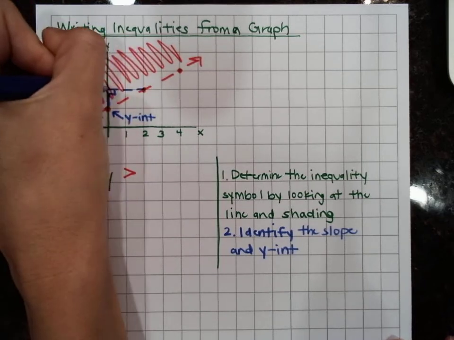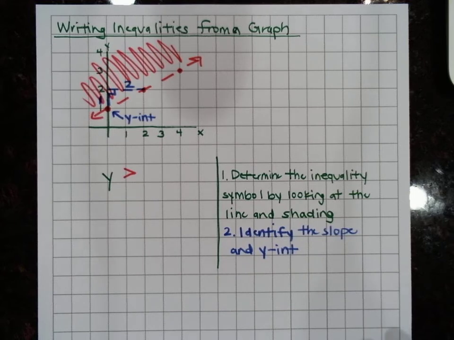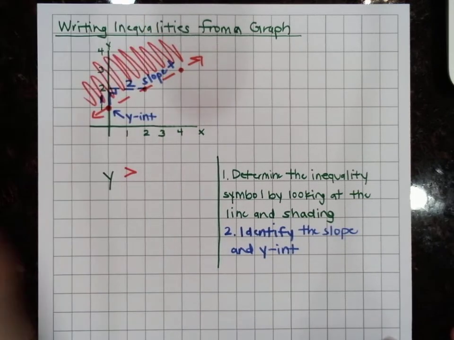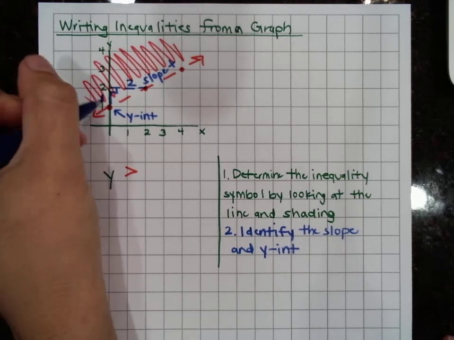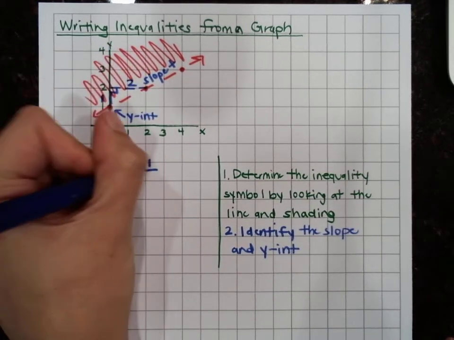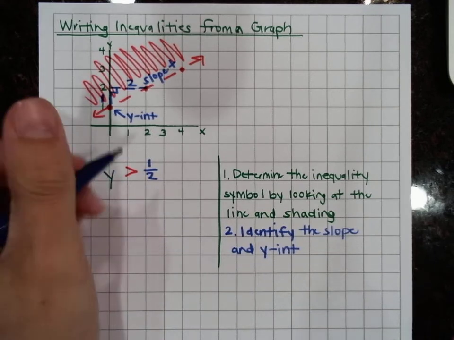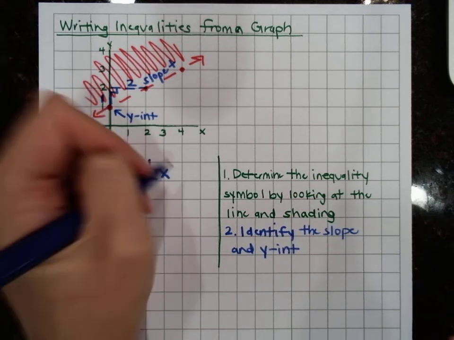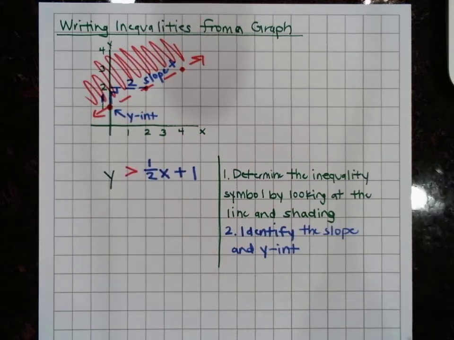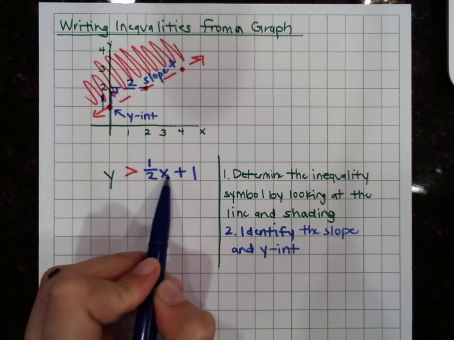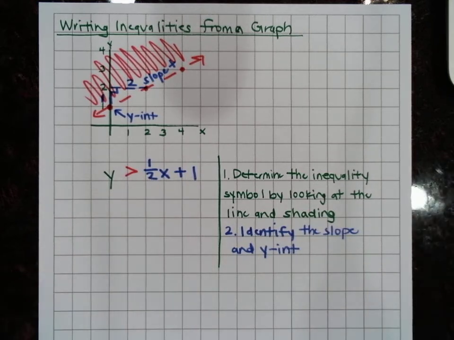Our rise is 1, our run is 2, and our slope is going up, so it is a positive slope. So we're going to write our rise, which was 1, over our run, which was 2. We write our constant, which is x, and our y-intercept was a positive 1. So our inequality is y is greater than 1/2 x plus 1.